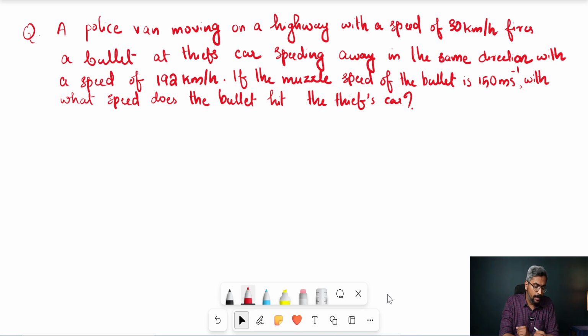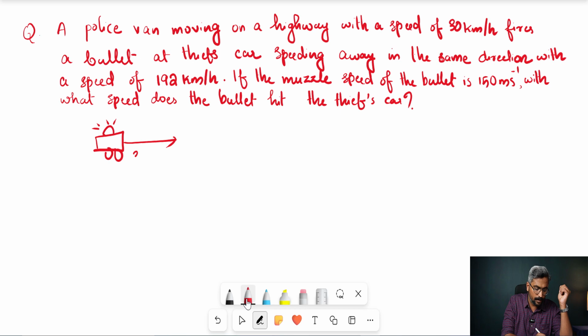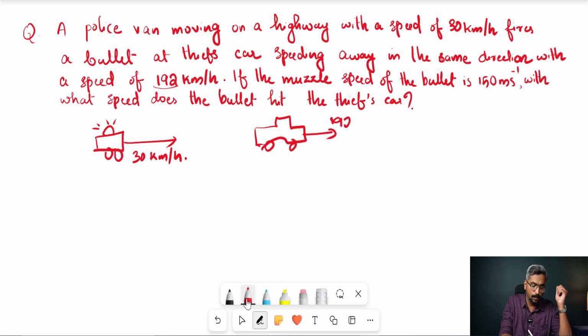A police van is moving on a highway with a speed of 30 kilometers per hour. That means you have a policeman in front of you, right? There's a beacon light. This police van is moving at a speed of 30 kilometers per hour. Then you can see a thief car is there, and this thief car is moving at 192 kilometers per hour.